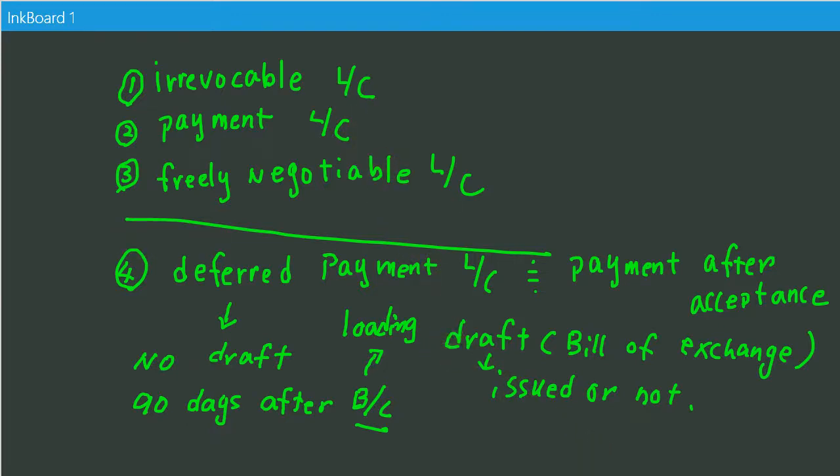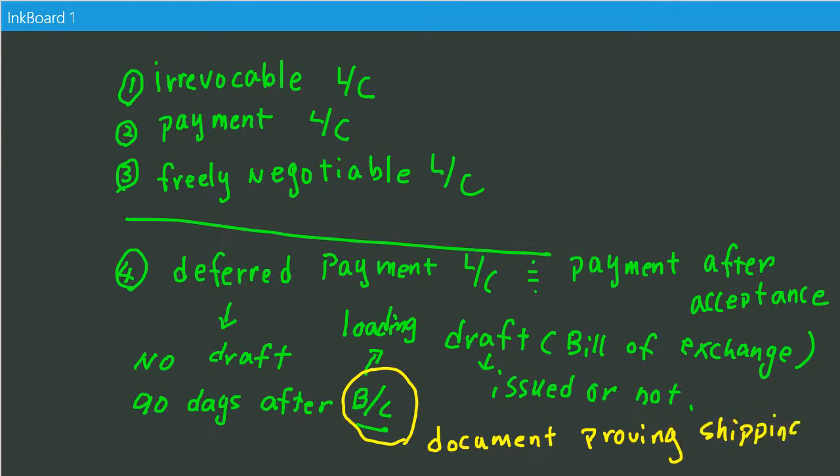This is a document proving shipping. So once the shipping document is issued, the payment will be given 90 days later. So you don't need any draft.